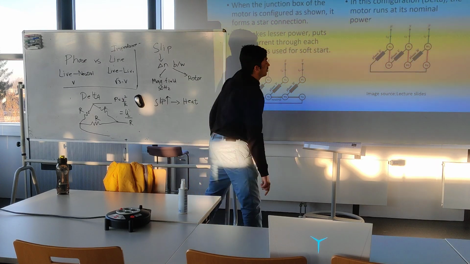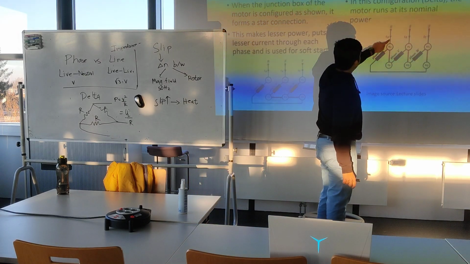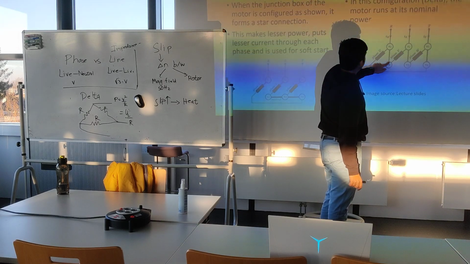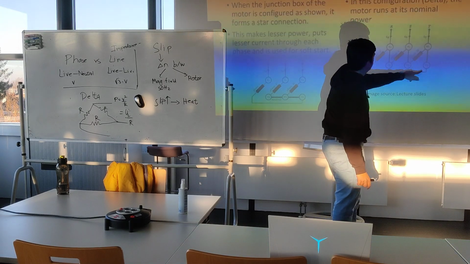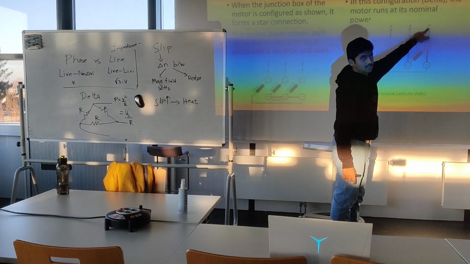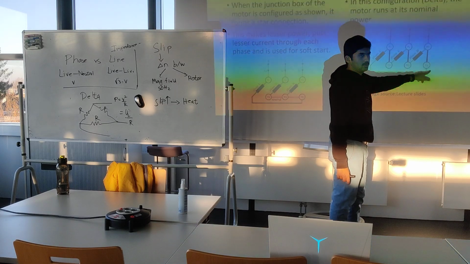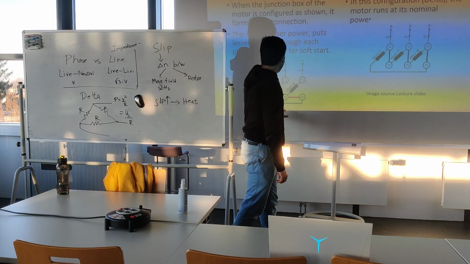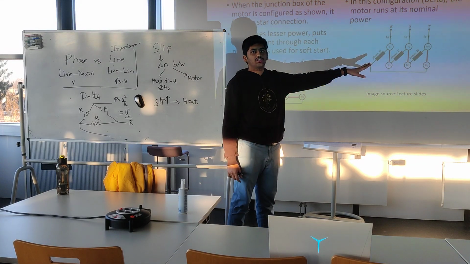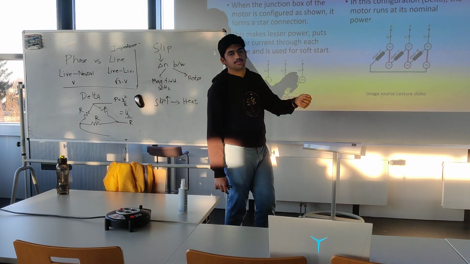Similarly with other phases. But here on one end we have one phase, and on the other end we have another phase. This is the delta arrangement, and it's relatively easy to switch between these arrangements in a junction box, which is why we have the soft start setup.